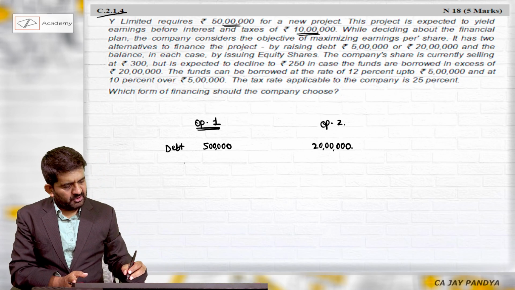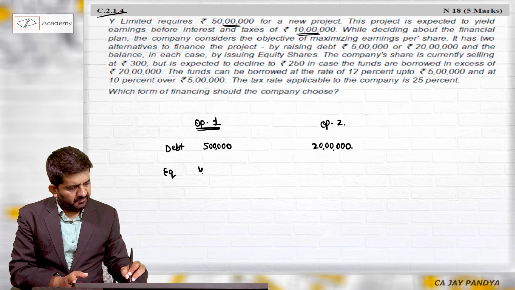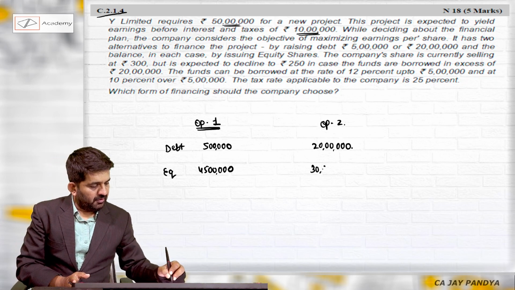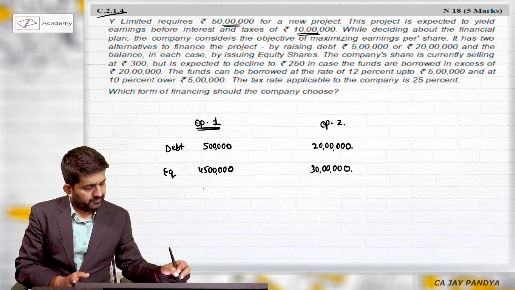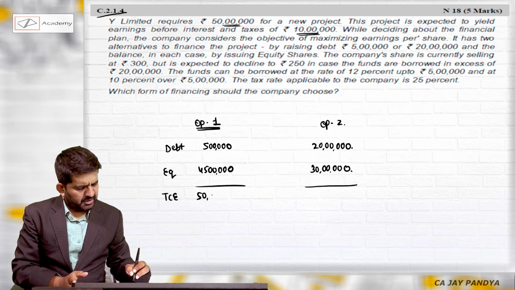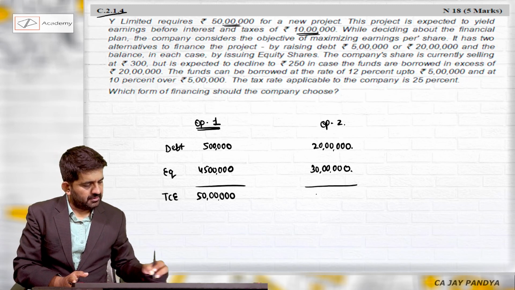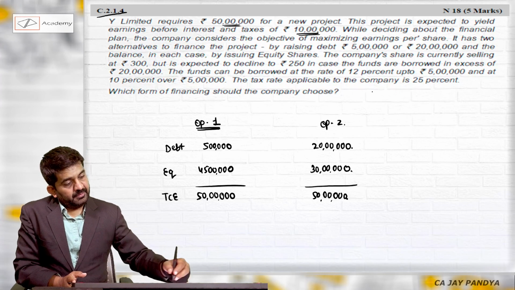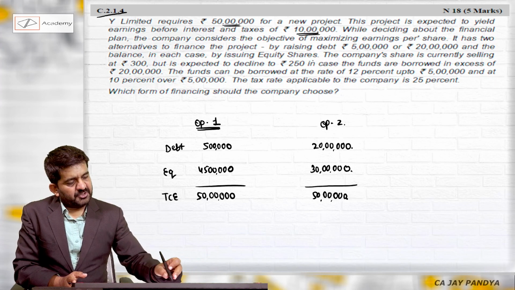And total is 50 lakhs, so your equity will be 45 lakhs. Your equity will be 30 lakhs. And the total capital employed in both cases will be 50 lakh rupees. And the balance in each case by issue of equity shares.